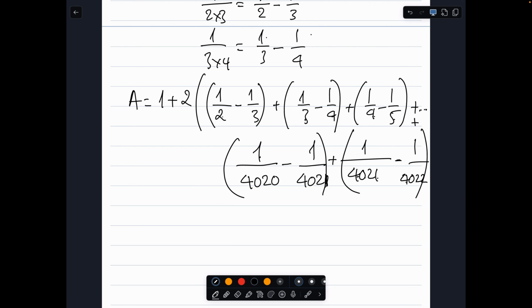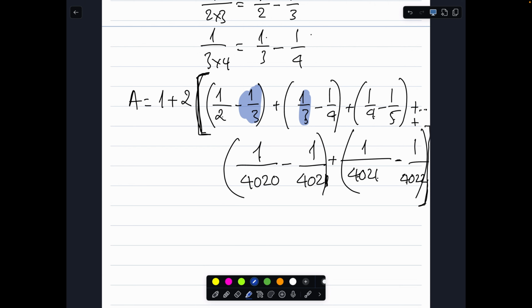Now let's make this a 2, and then I should have a square bracket here, sorry about that. Now this sum is special because you have minus 1/3 and then you have plus 1/3.